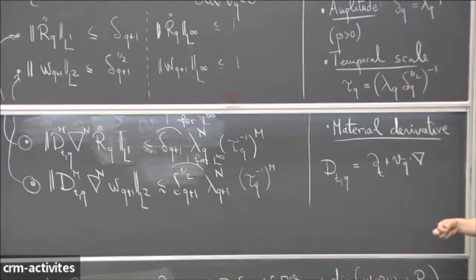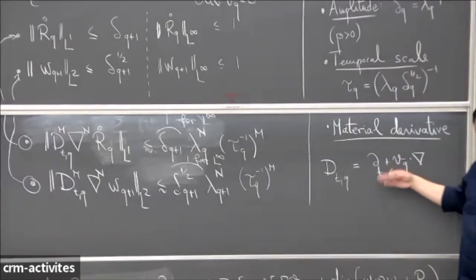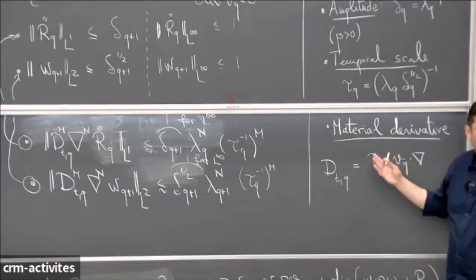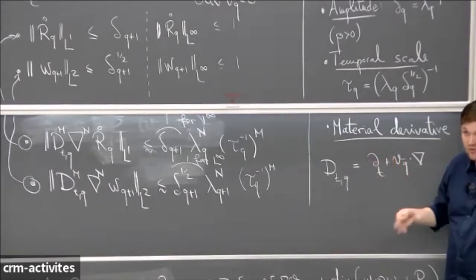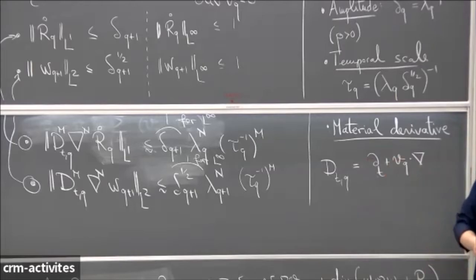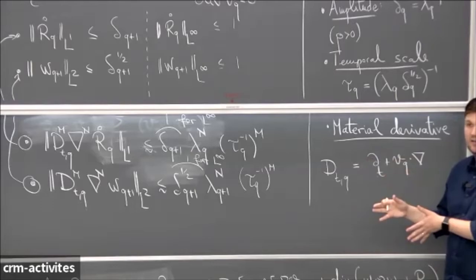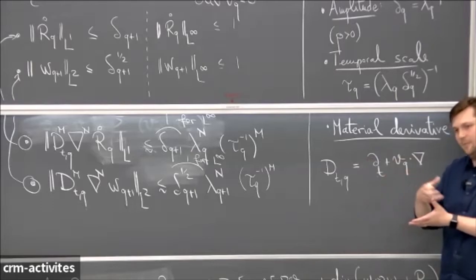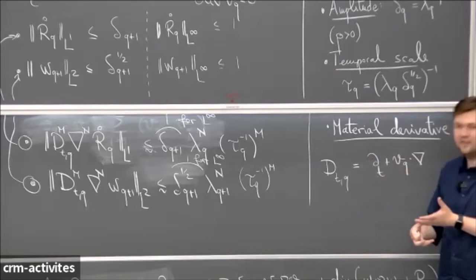It's somehow, you could choose not to do this, right? Nobody says you have to do this. You could try not to do this. The outcome will be that you'll get less regularity. So it turns out that if you really want to milk as much regularity as you can, you really have to respect the dynamics, the linearized dynamics, at the same time that you respect the nonlinear term.